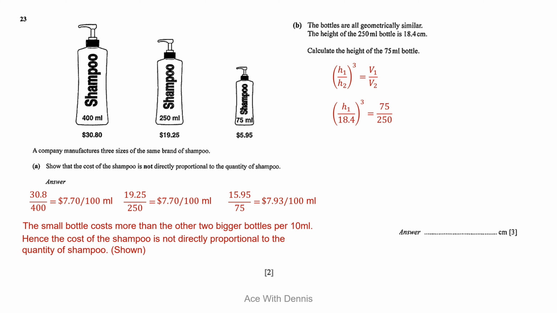So h2 will be the height of the 250 ml bottle, which is given as 18.4. So the formula becomes (h1 over 18.4) cubed equals 75 over 250. Then we solve this equation. h1 will be the cube root of 75 over 250, times 18.4, and we get 12.3 cm. Therefore, the answer is 12.3.